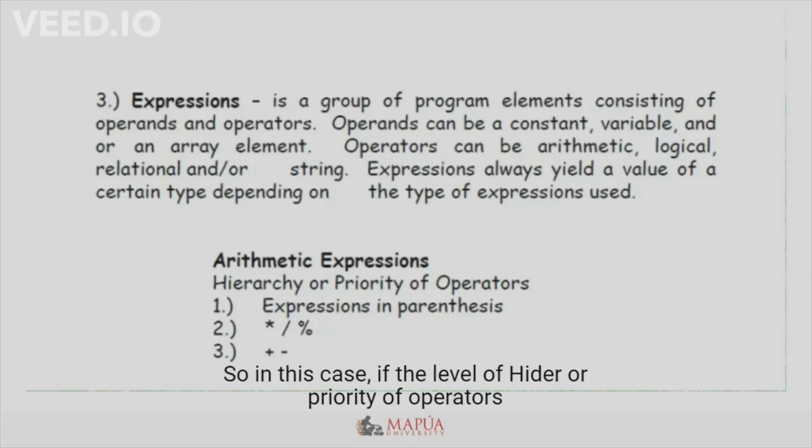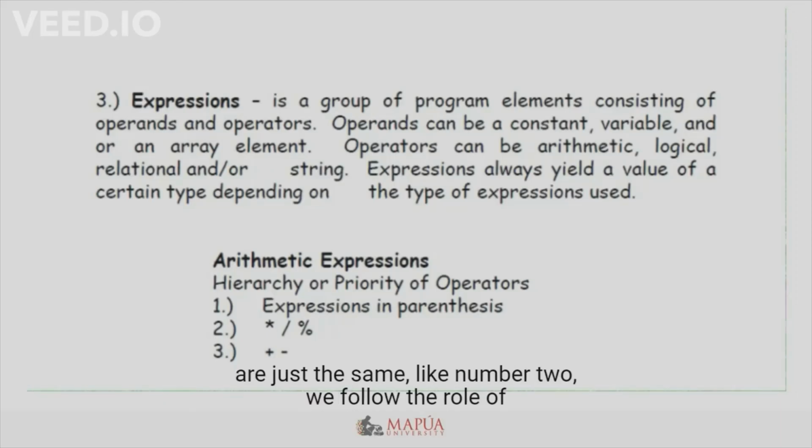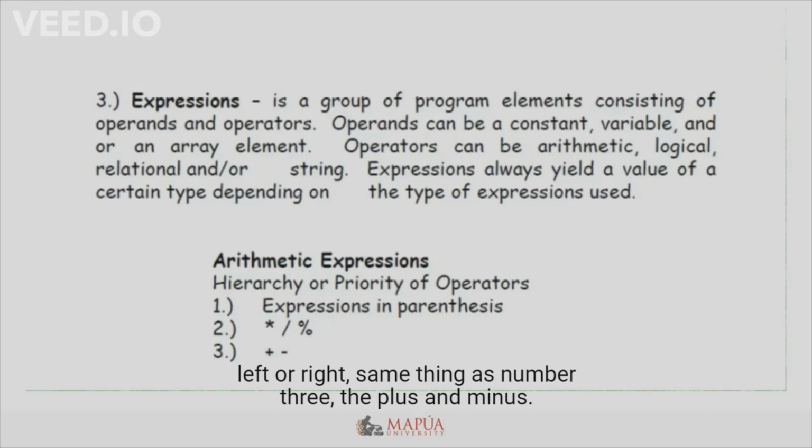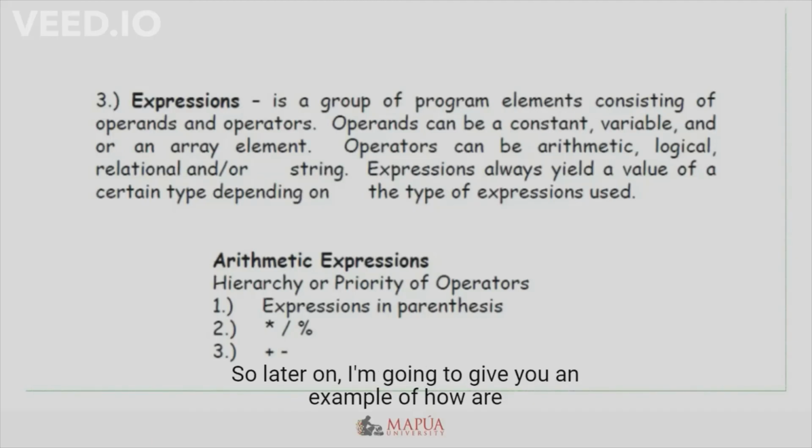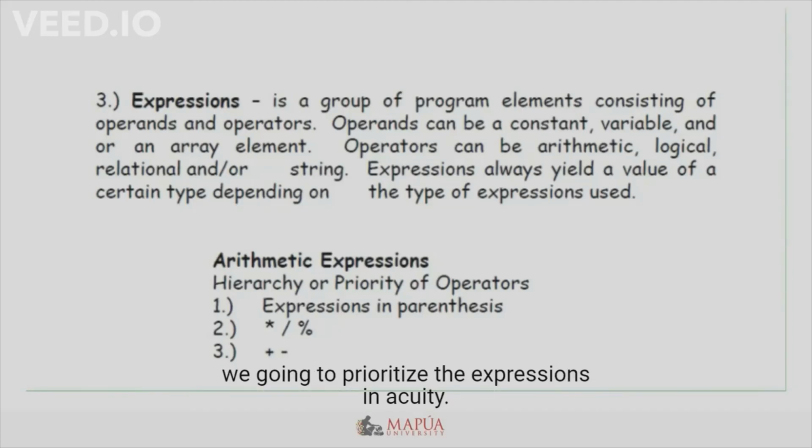In this case, if the levels of hierarchy or priority of operators are the same, like number 2, we follow the rule of left to right. Same thing as number 3, the plus and the minus. Later on, I'm going to give you an example of how we are going to prioritize the expressions in arithmetic.